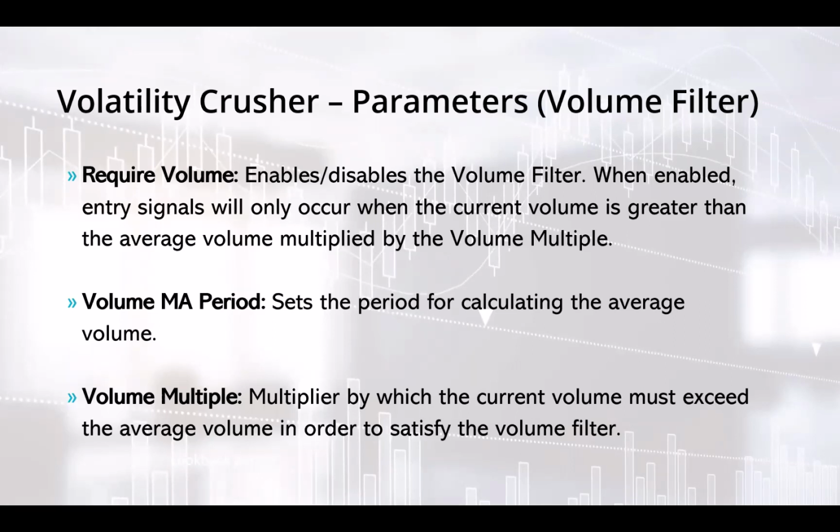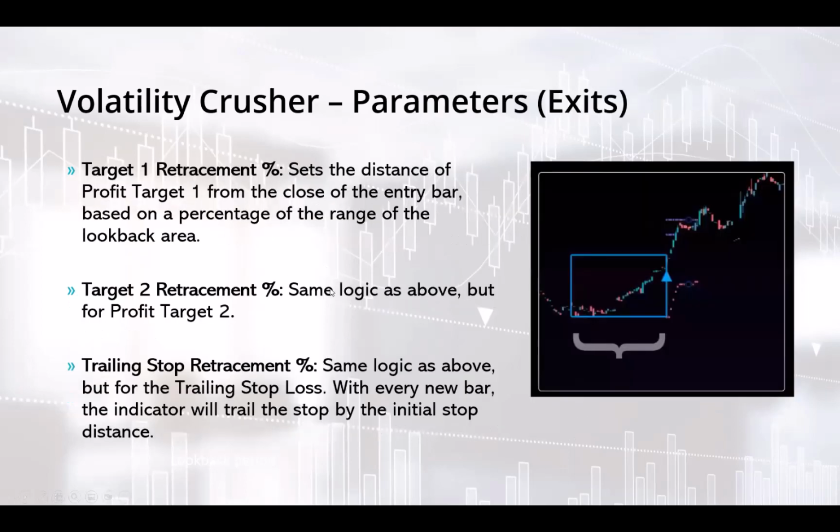So this is where this parameter comes in. The higher the volume multiple parameter, the fewer trades there will be, because the harder it is to satisfy this volume requirement.